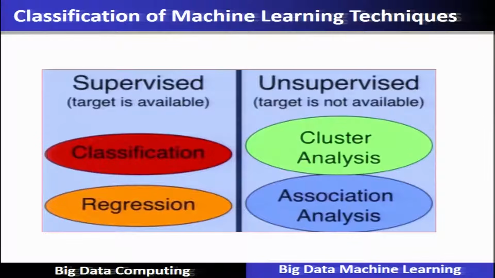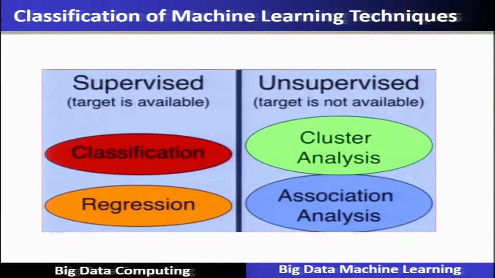So, in short, we can classify classification and regression as supervised machine learning techniques, whereas cluster analysis and association analysis are unsupervised machine learning techniques, depending upon whether the target is available with the data set or not. If the target is available, then it is called supervised learning.